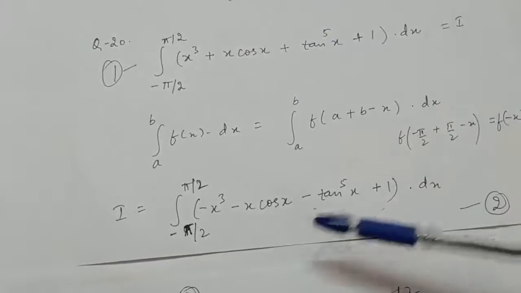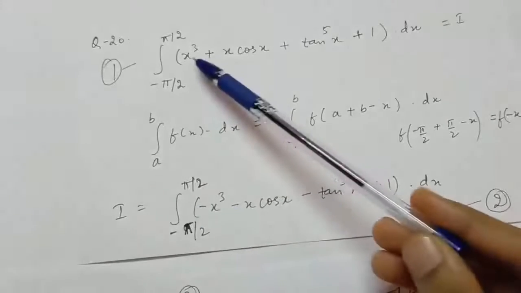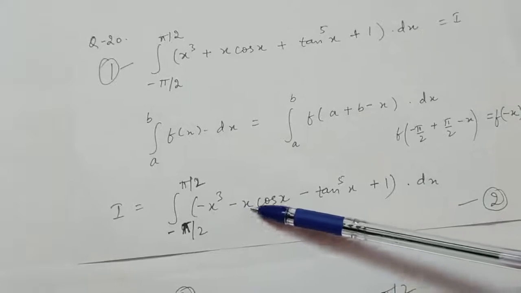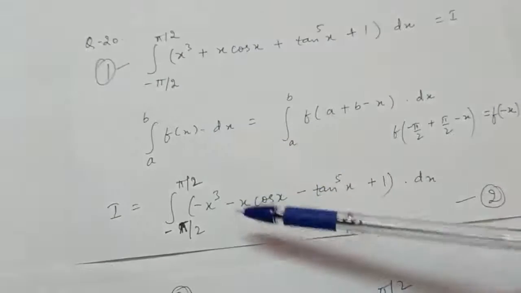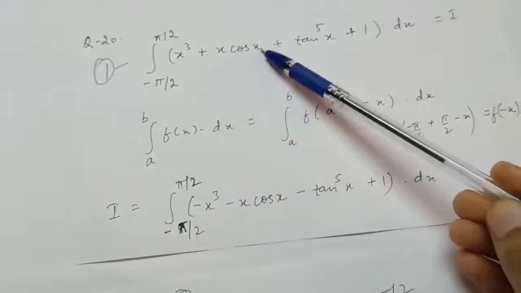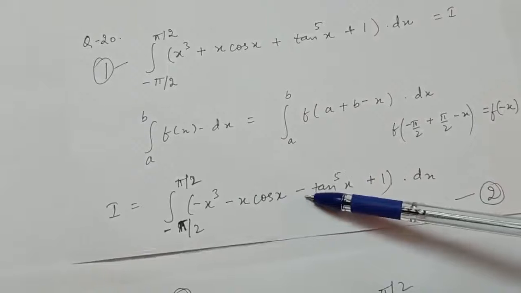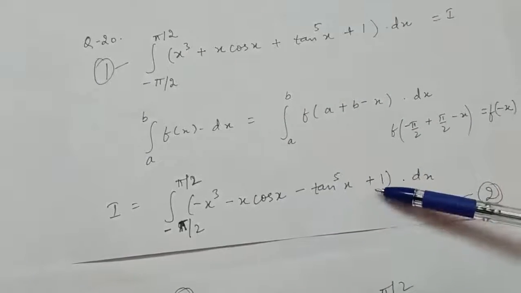This I is also equal to integral of, in place of x just put minus x cube minus x cos x. Why? Because in place of x you will get minus x, and cos of minus x is equal to cos x. Now minus 10 upon x raised to the power 5 plus 1 will remain as it is, right?